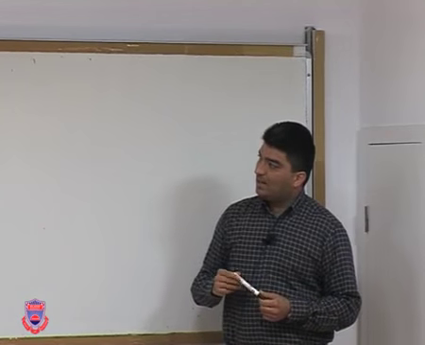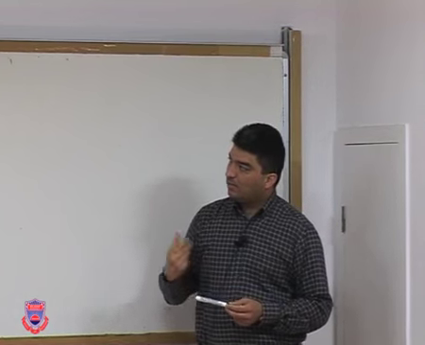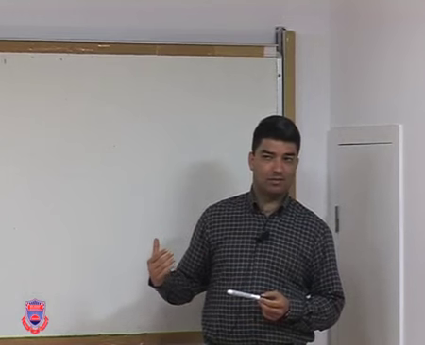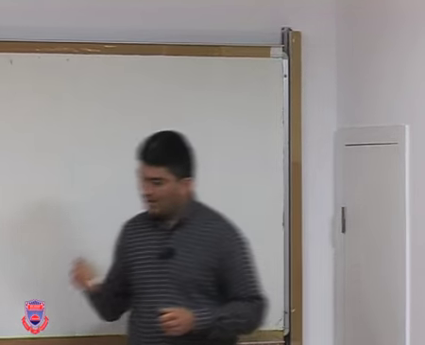That means that my dual variables actually tell me the rate of change of my objective function with respect to right-hand side values. Okay? So let me write that down.